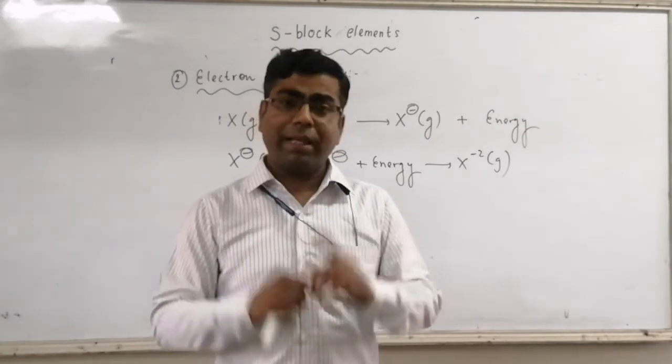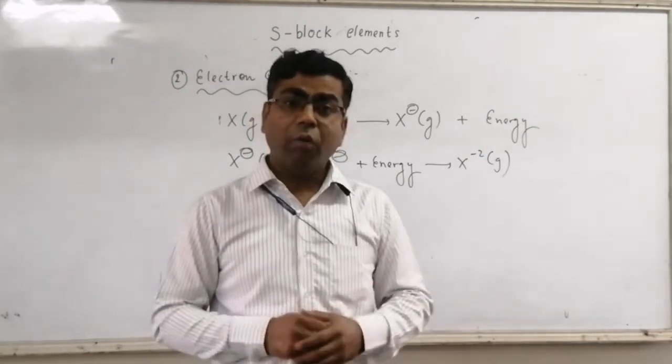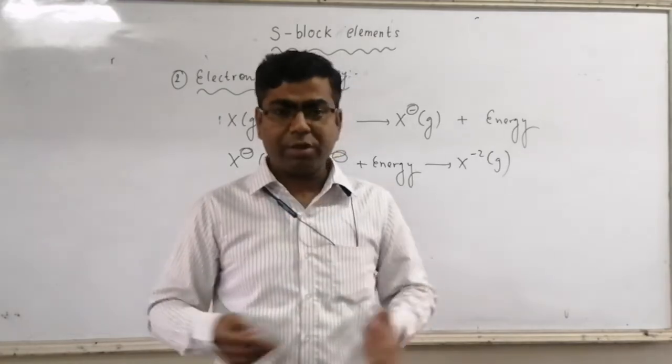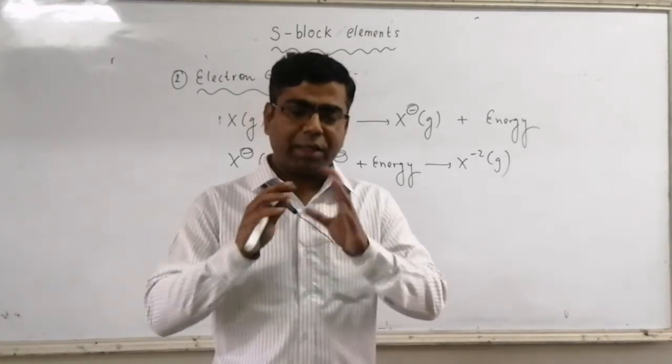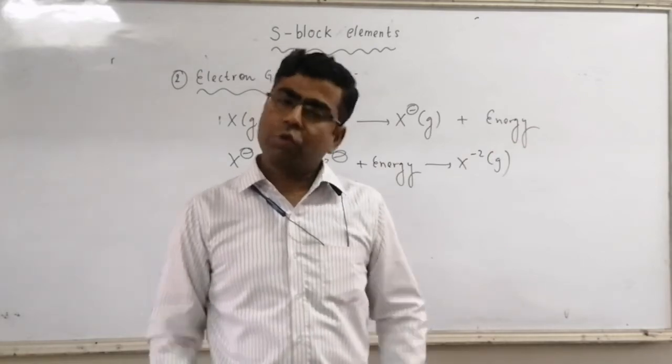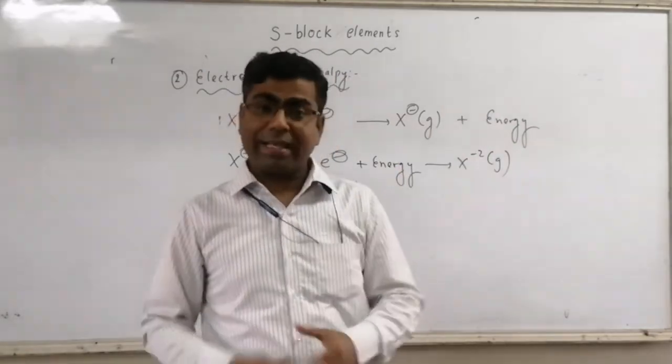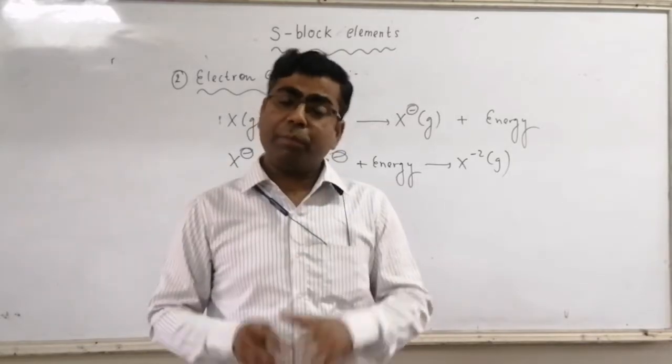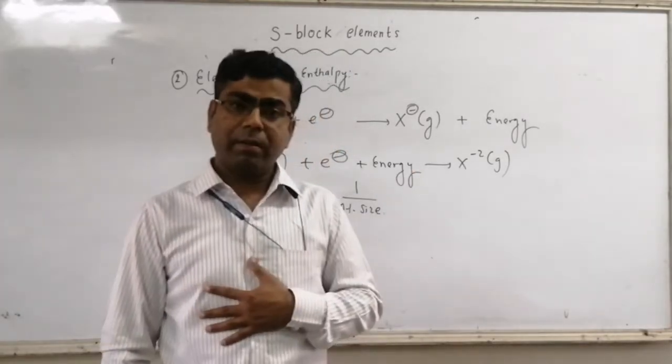The incoming electron will feel less force of attraction, and the release of energy will be less. So IP is proportional to 1 by atomic size and electron affinity is proportional to 1 by atomic size.